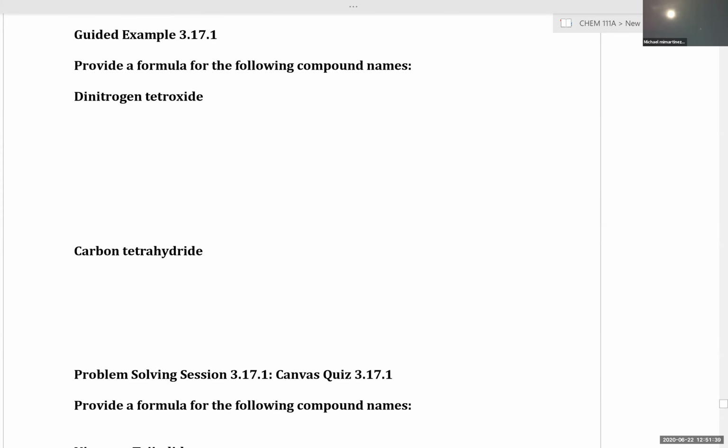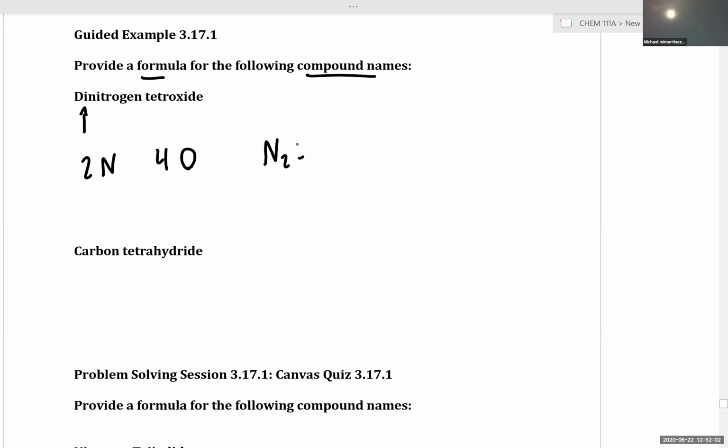Let's try to write the formulas of these compounds from their names. So let's write a formula for the following compound names. So dinitrogen tetroxide. So di tells us 2, nitrogen tells us we have a nitrogen, tetra tells us 4, oxide tells us we have an oxygen.